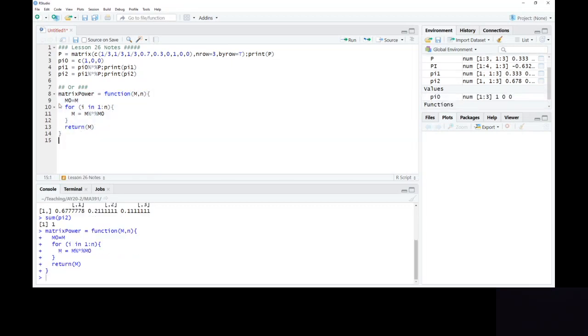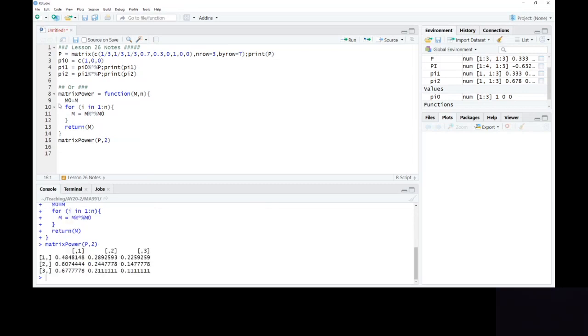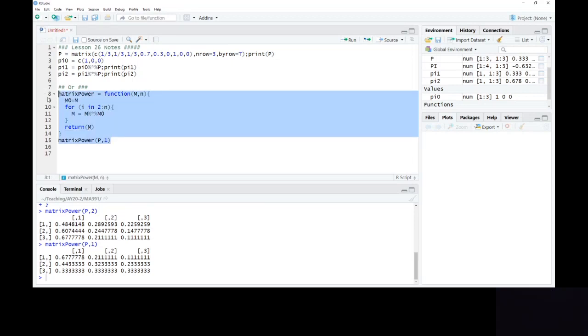control enter, and matrix power e comma 1. Let's do 2 first. So is that, and then percent, let's see. Oh yeah, so we might need to go for 2 from, let's see what it gives us. So 1, it doesn't give us the right thing. So let's go ahead and make this go 2 for and see what happens now.